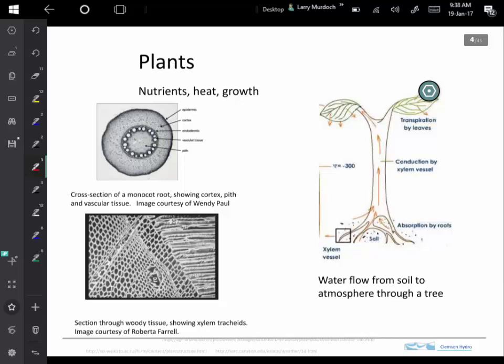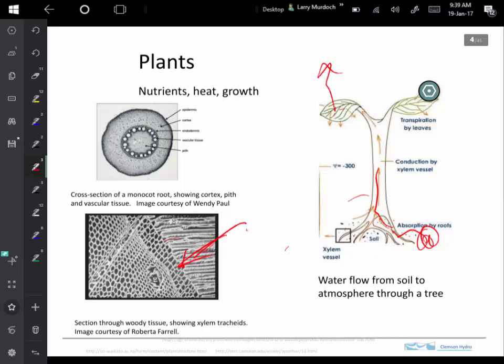Here's a photomicrograph of a piece of wood, and you can see these pores that look like a bundle of tubes. And this is a piece of wood out of a tree, and what's happening is that, at least in a simple sense, there's water down here in the ground. It goes into the roots and goes up through pores like this up to the leaves, and it gets evaporated out.